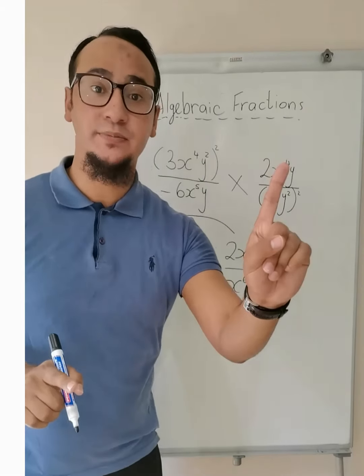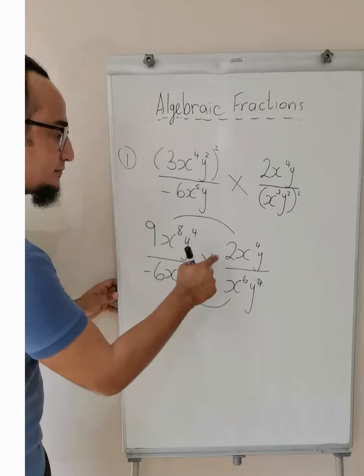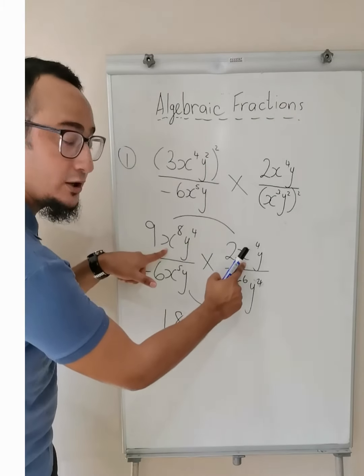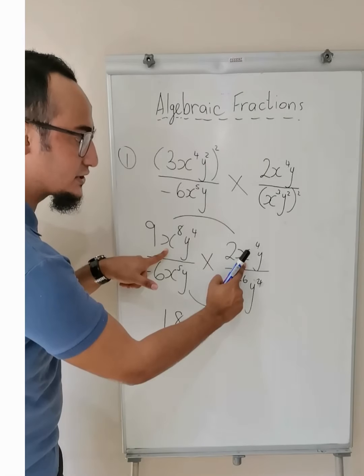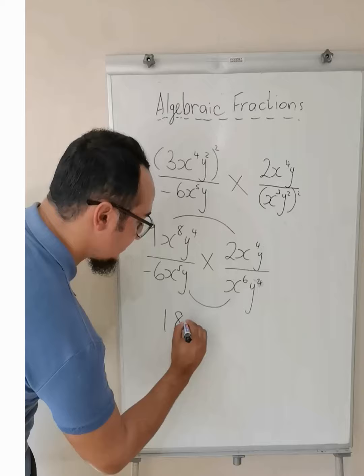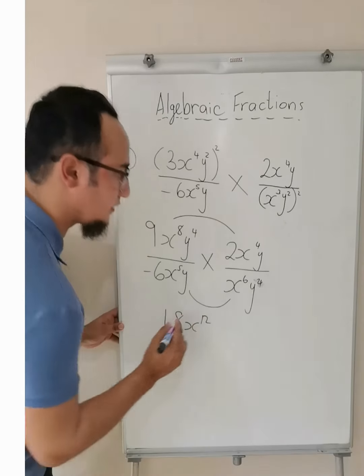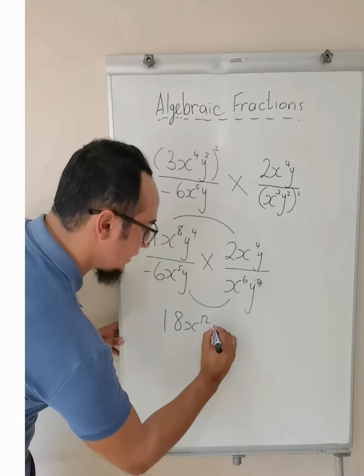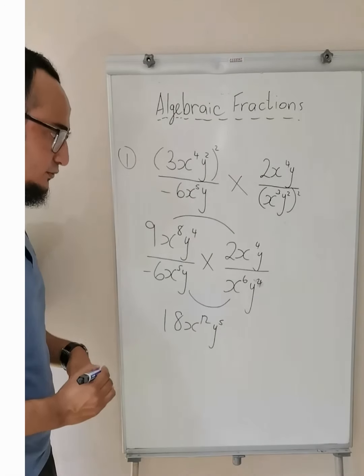Law number 1 of exponents. So, 9 times 2 is equal to 18. X to the power of 8 multiplied by x to the power of 4. What happens to the exponents? They add, and that becomes x to the power of 12. Y to the power of 4 times y is y to the power of 5. Everybody still with me?